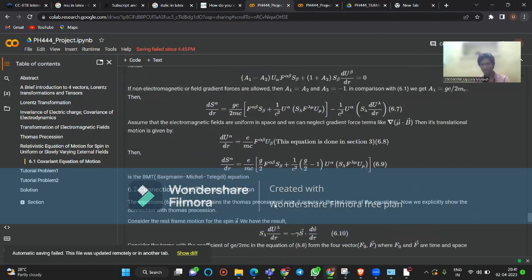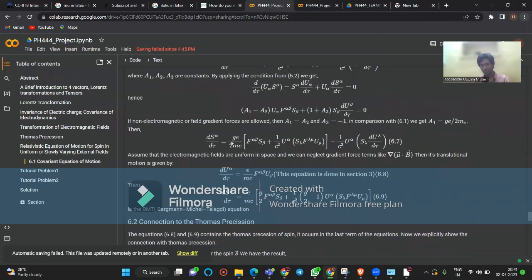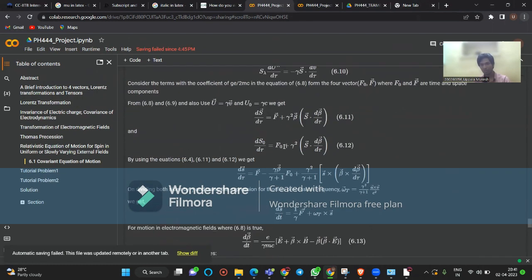I'm substituting that, and for the space component we get ds bar by d tau equal to F bar plus gamma. This is the equation, and for the time component it is ds naught by d tau.